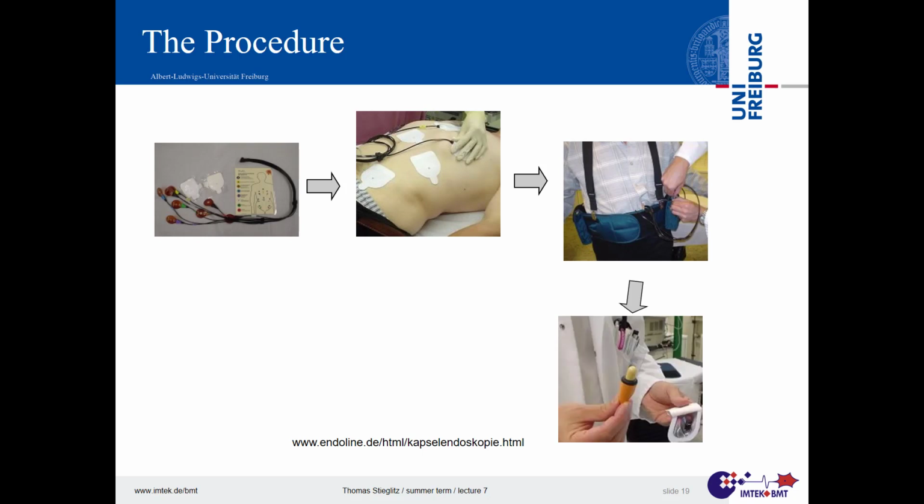The capsule, and this is the capsule holder. This is not mandatory for function, but it's a really clever idea to minimize all those risk and hazard questions. You know, you have to sterilize that if you hand it over. But how should you swallow that pill without touching it? If you touch it or if the medical doctor touches it, there might be again some germs on it, and you don't want to have that.